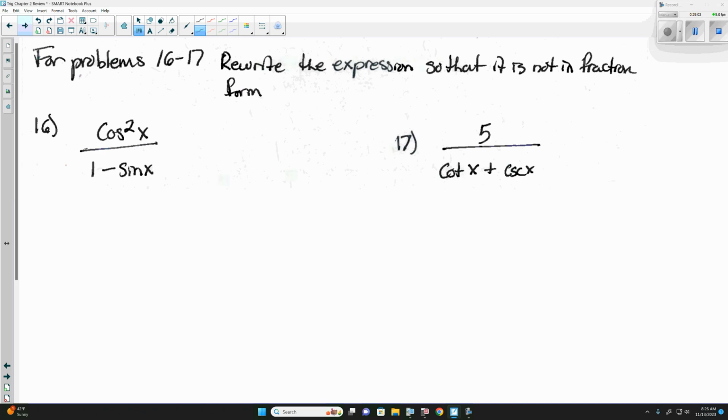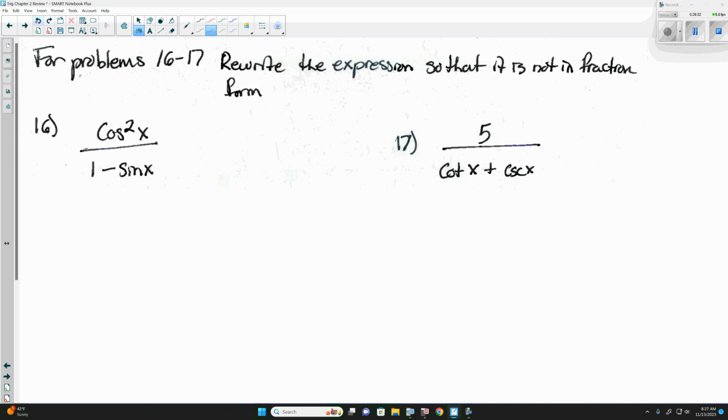Rewrite each expression so that it's not in fractional form. Do we want to look at 15, 16, or 17? 16. So to get it not in fractional form, normally we can do it in different ways.